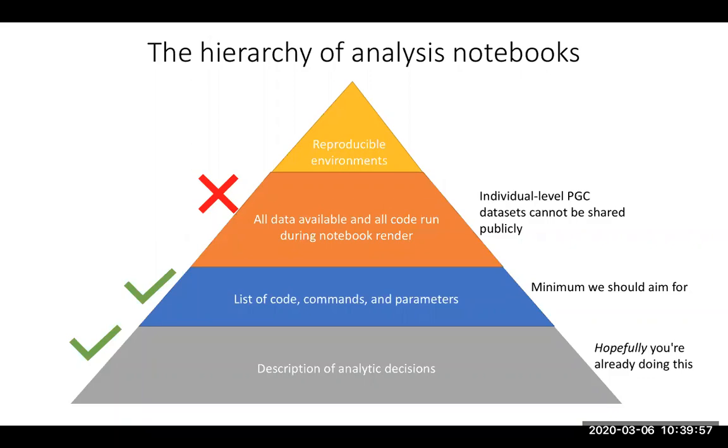And we also have lots of commands. If you're doing a GWAS with Workgroup, that takes a while. If you fixed a few typos in the introduction of your notebook, you don't want to rerun those commands every time. And these reproducible environments are a future goal, but not something that we're focused on at this moment.